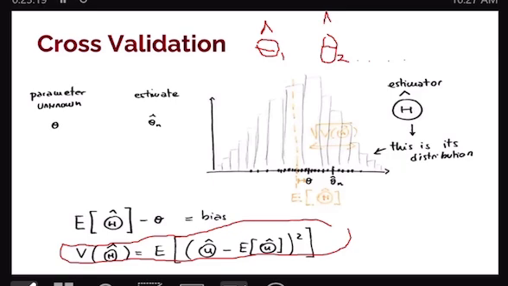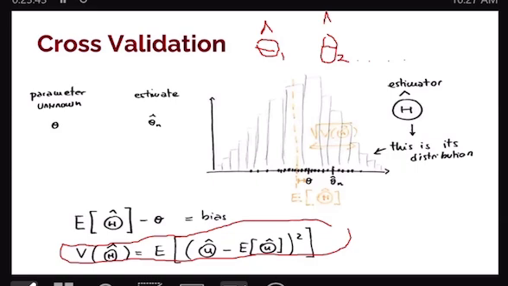Cross-validation navigates a path for us to balance bias and variance, which tells on the test error. That will bring the test error down if we're able to balance the bias and the variance.